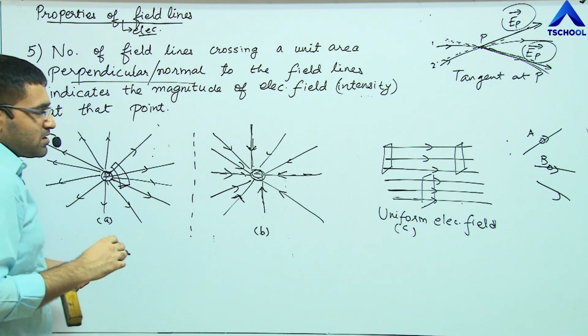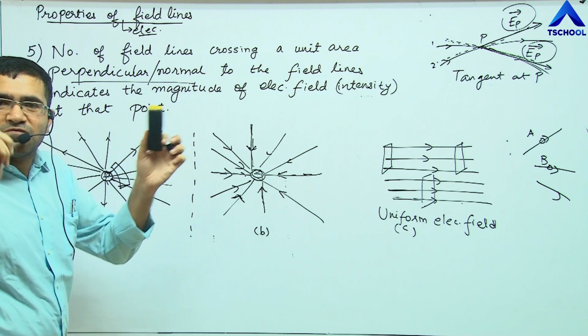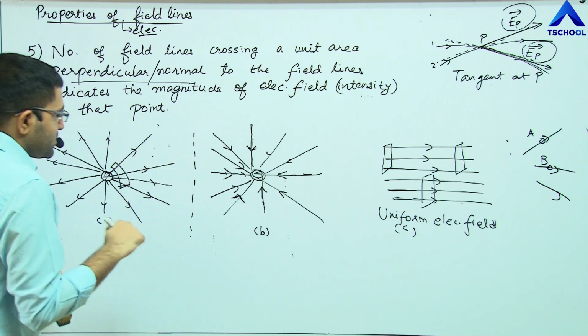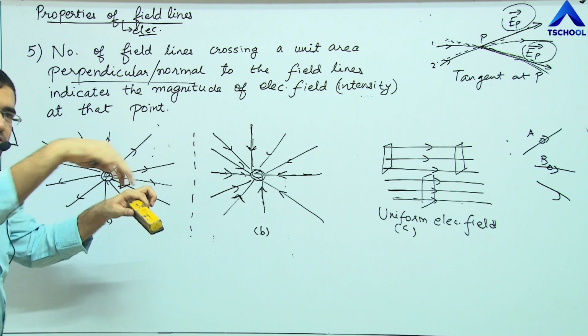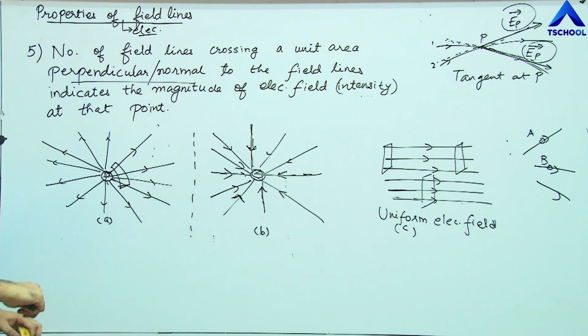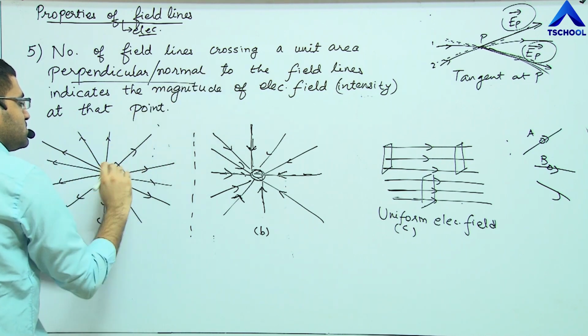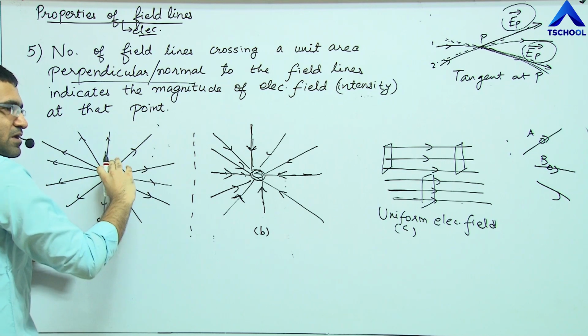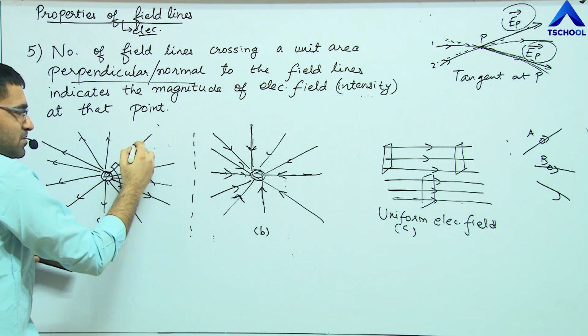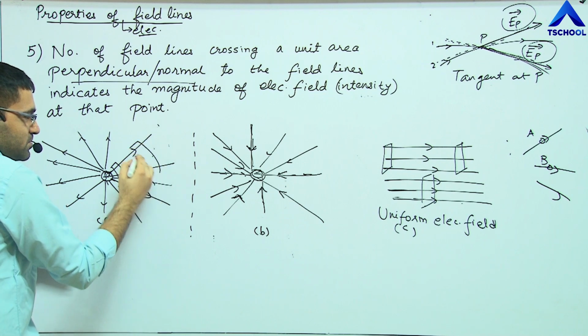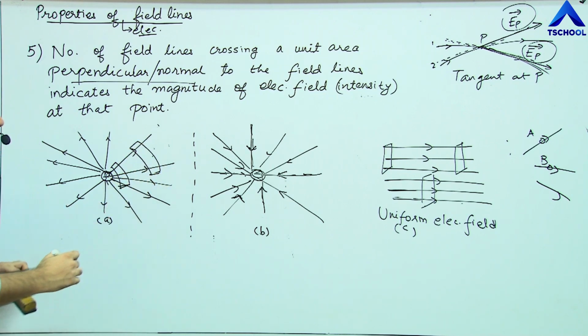It's like light rays coming out from a point, and this area is covering it like this. Think about the same unit area drawn over here. That is what it would be like.